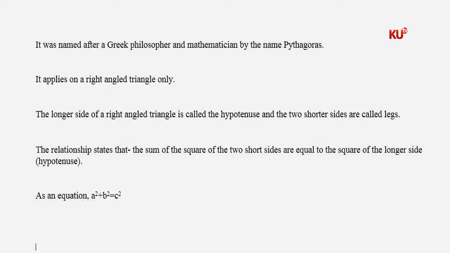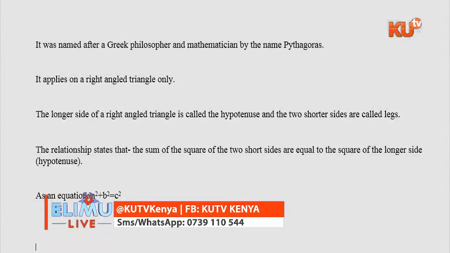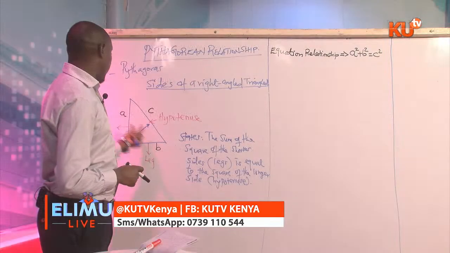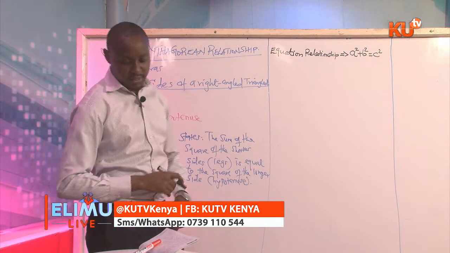As you can see on your screen, the relationship is that the sum of the square of the shorter sides, which is A squared plus B squared, is equal to the square of the longer side, which is C squared. Any side, mark you, as I've said, can be either A or B, provided it's a shorter side.